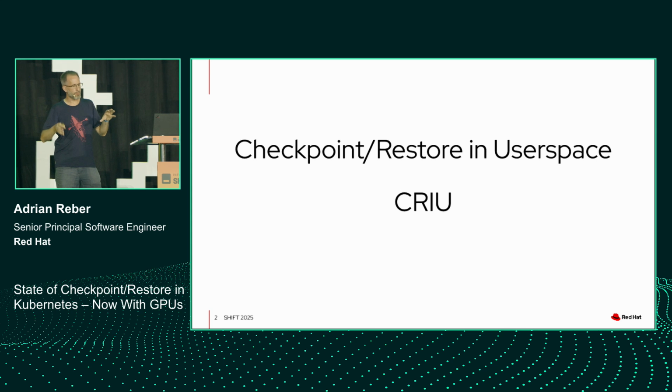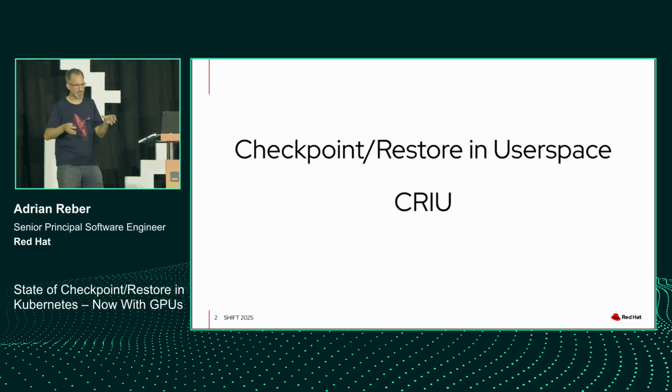And the goal from the beginning of CRIU was, CRIU tries to do as much as possible in user space, and it uses existing kernel interfaces as much as possible without having to extend the Linux kernel. Over the years, the CRIU developers introduced additional interfaces into the Linux kernel, and they are not 100% only used by Checkpoint Restore.